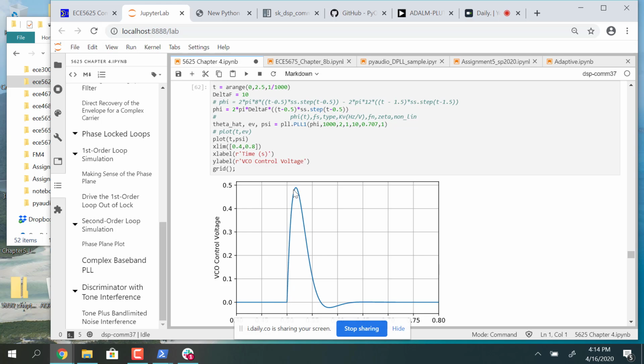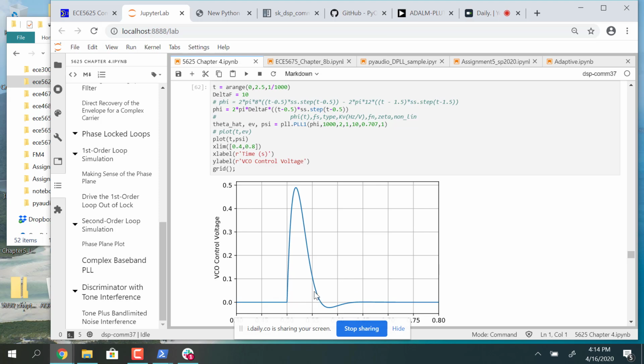It jumps up and produces an error. That error gets integrated in the loop filter, like thrusting the VCO to produce a voltage through the integration of a large number, and then the integrator in the loop filter holds that value, and it charges up, and it's able to push the VCO, and then as a result of pushing the VCO, the error comes down, and it can settle back to 0.